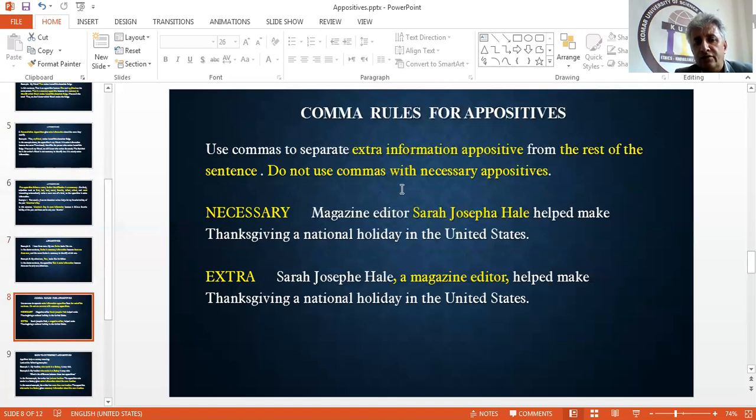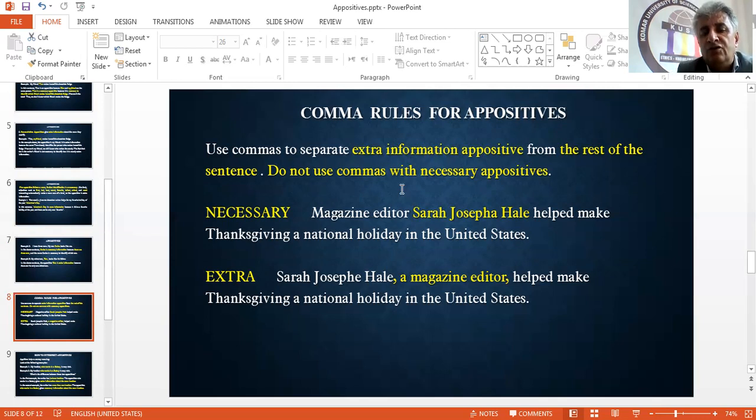Let's go to comma rules for appositives. Use commas to separate extra information appositive from the rest of the sentence, but do not use commas with necessary appositives. For example, if you look at the first sentence, magazine editor, the name is necessary.